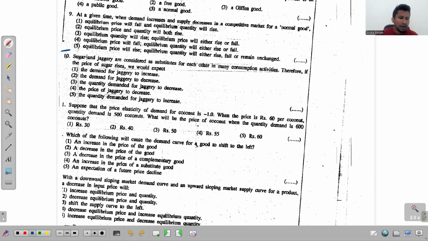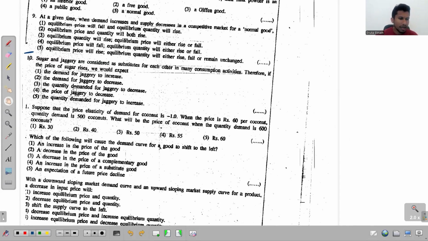It says, sugar and jaggery are considered as substitutes for each other in many consumption activities. Therefore, if the price of sugar rises, we would expect, okay, so we have sugar price here. And what happens to the sugar price?